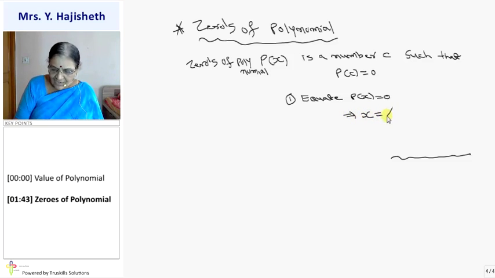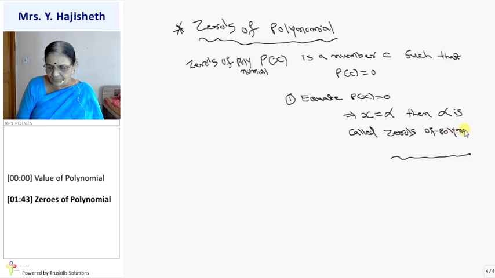Suppose x is alpha makes my p(x) 0. P(x) is 0 implies x is alpha. Then alpha is called zeros of polynomial p(x).